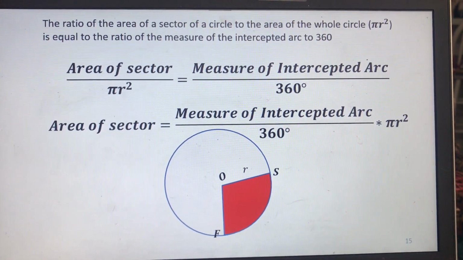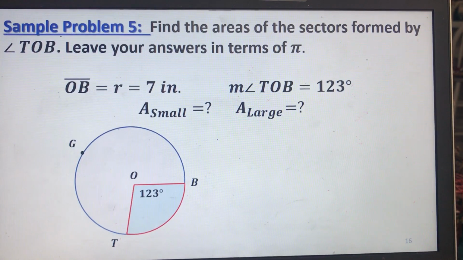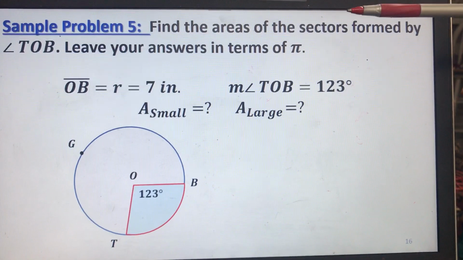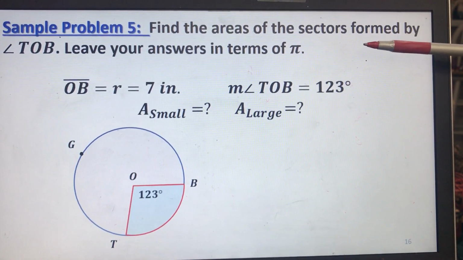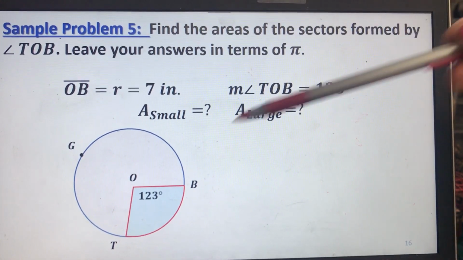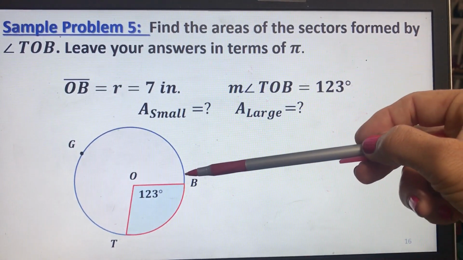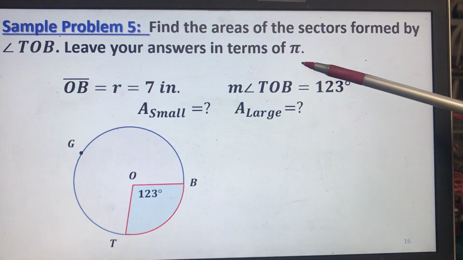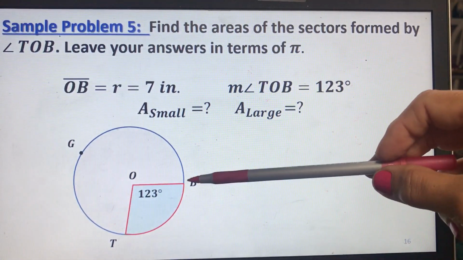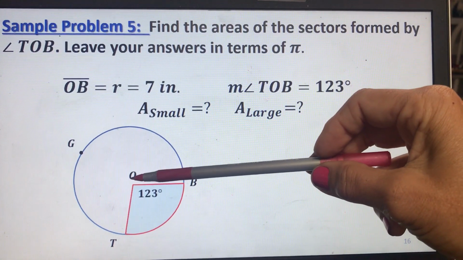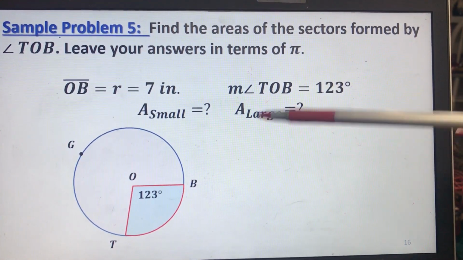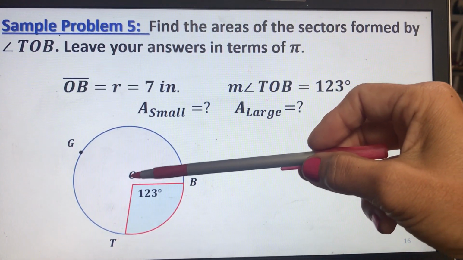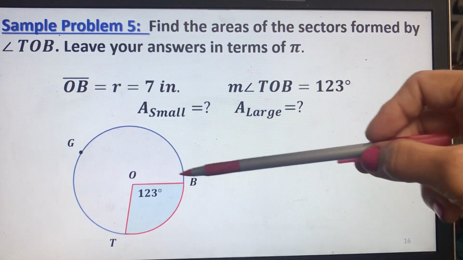Okay, so now let's move on with sample problem number 5 in our presentation. We need to find the areas of the sectors formed by angle TOB. Leave your answers in terms of pi. First of all, we are given a circle with center O. We are also given an angle formed by TOB.